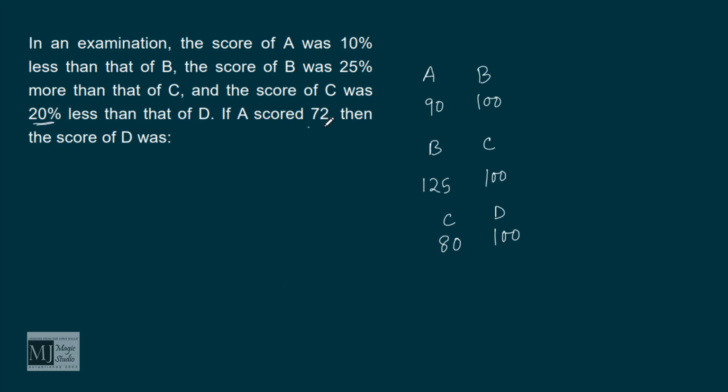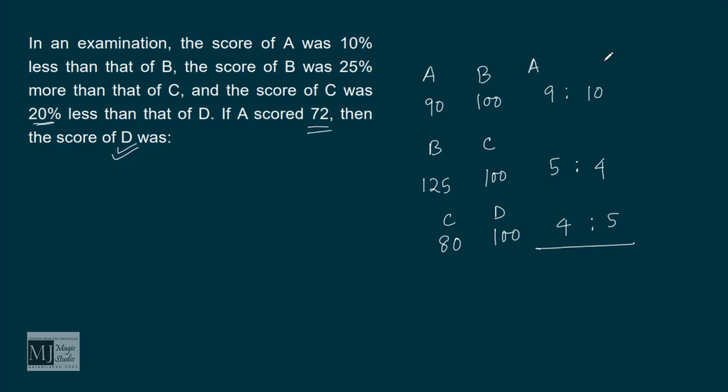Now, if the score of A is 72, what is the score of D? We can see that we have this chain. So A is to B is 9 is to 10, B is to C is 5 is to 4, and C is to D is 4 is to 5.